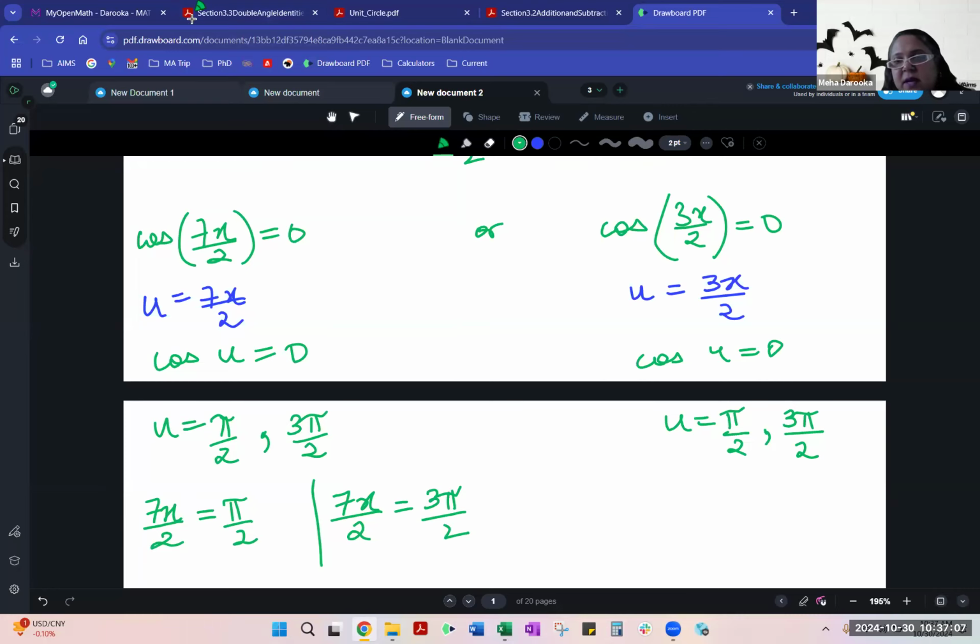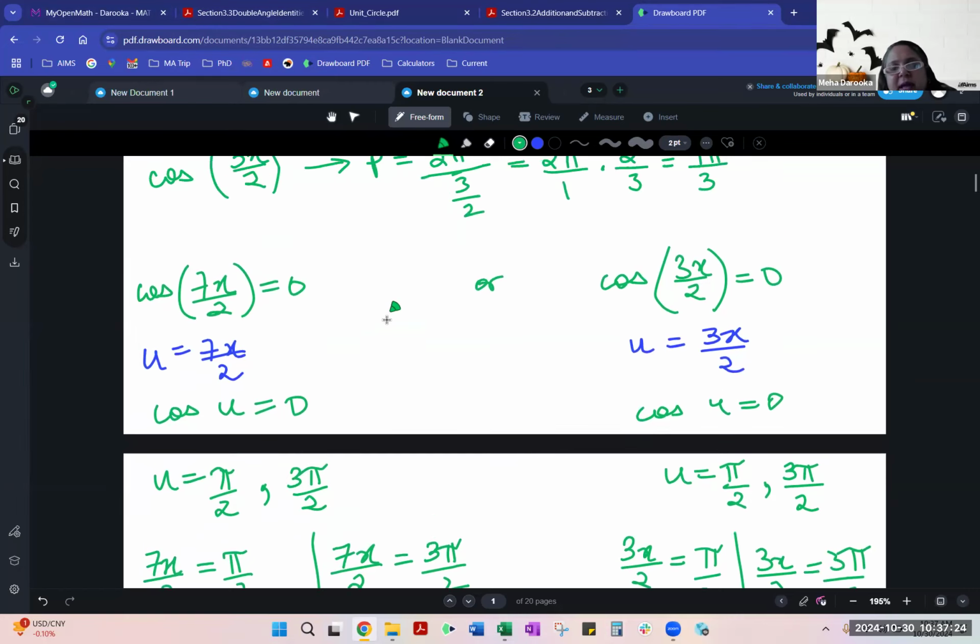Same thing over here. This guy would be 3x over 2 is equal to, obviously, the same angles, pi halves. And 3x over 2 is equal to 3 pi halves.